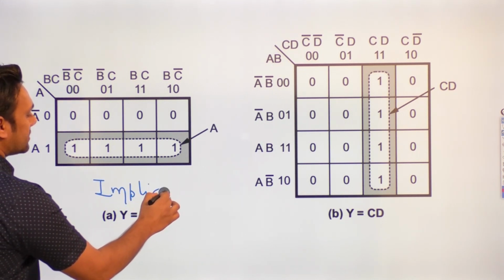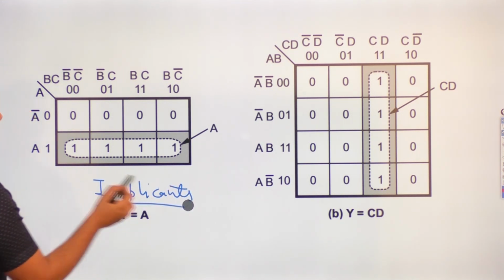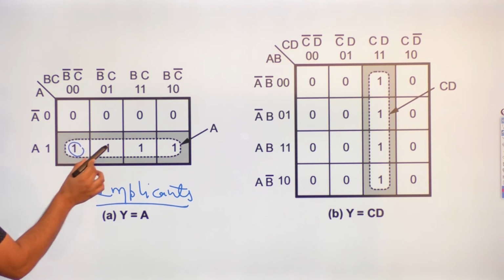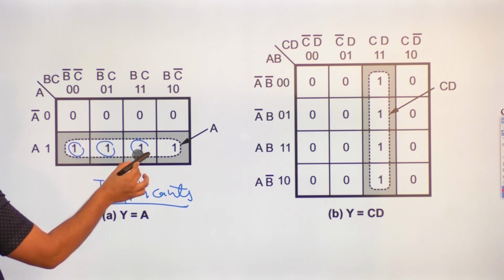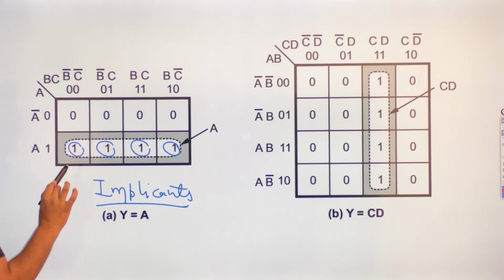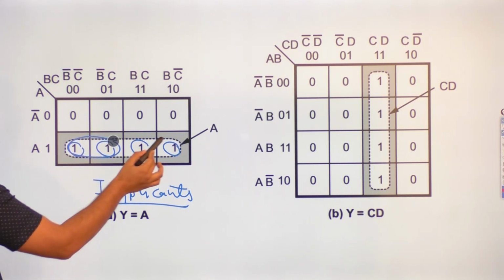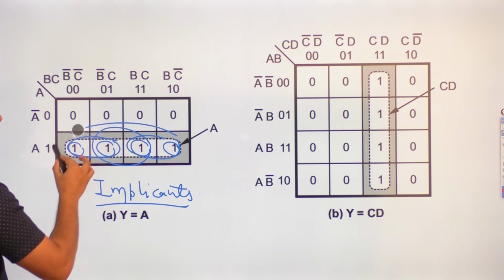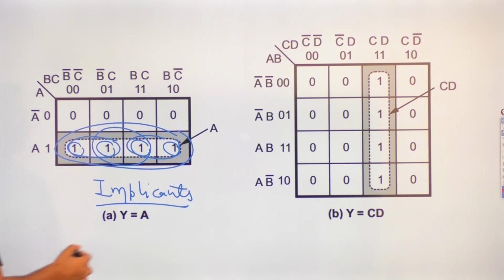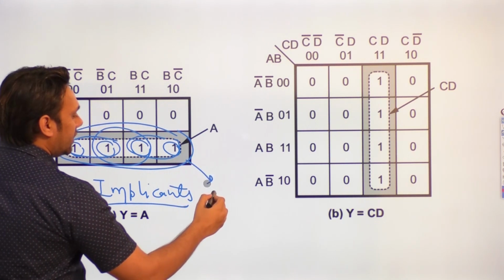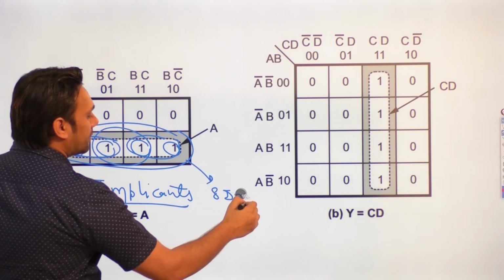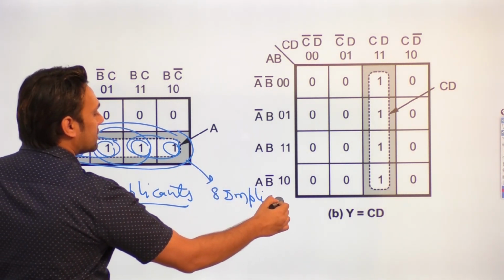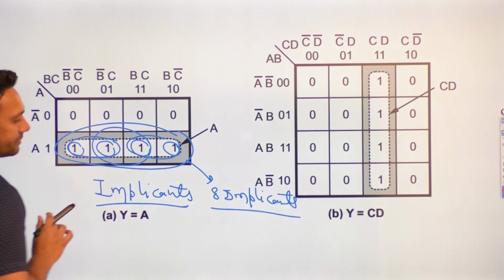This single one is an implicant, second implicant, third implicant, fourth implicant. Then we have the 5th, 6th and 7th implicant. And then this bigger one is the 8th implicant. So we have a total of 8 implicants.